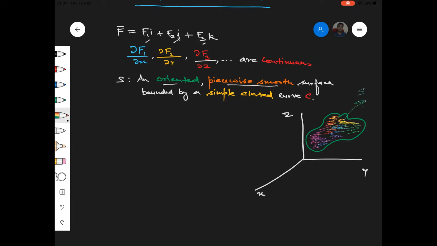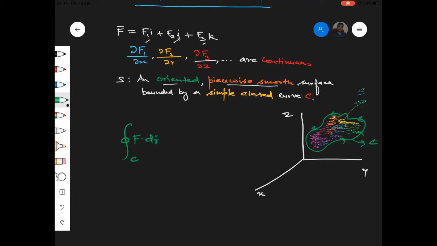So this shaded region is actually the part of the surface. This is what we are calling capital S, and this surface is bounded by a simple closed curve C. If all these things are happening, then we have a result which says the line integral F dot dr around the closed curve C in the counterclockwise direction.